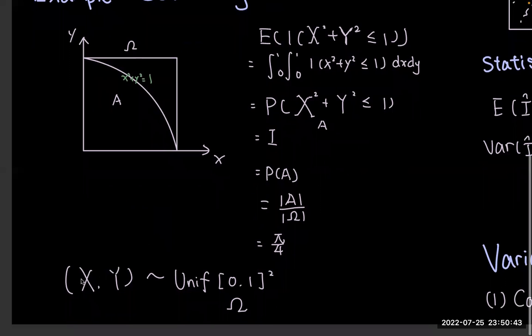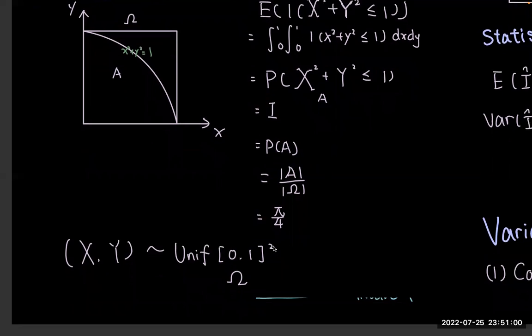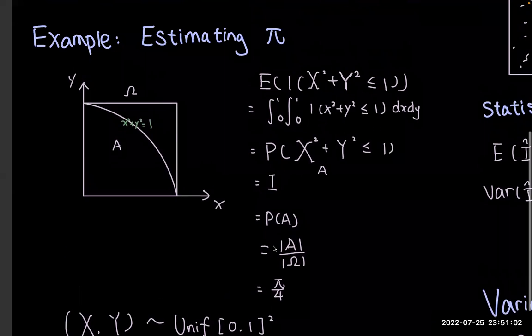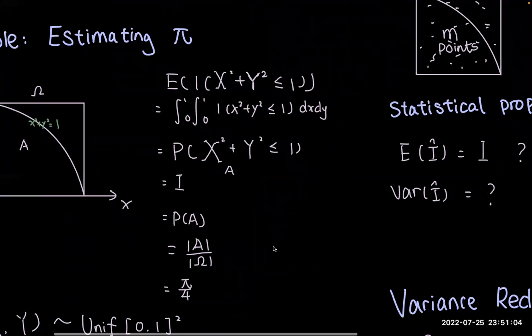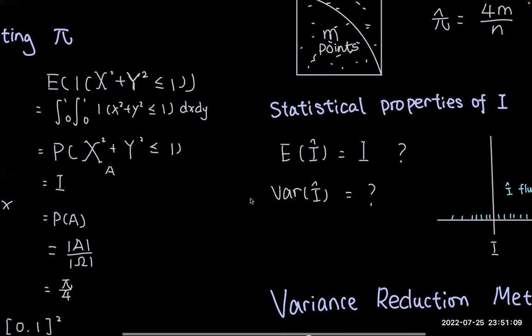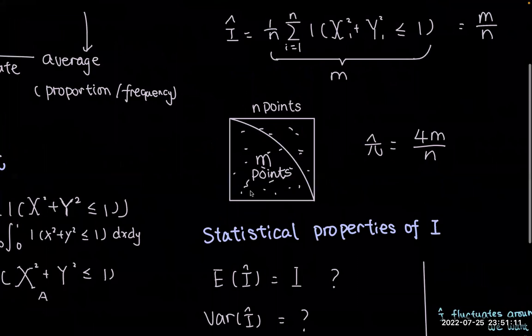That is, we randomly sample points x, y. This is a single random point from the uniform distribution over the unit square. And then the probability that the random point belongs to A is pi over 4, as we derived here. Then we can approximate this expectation, or this probability, by the sample average or sample proportion.